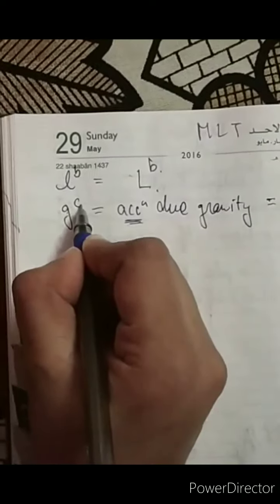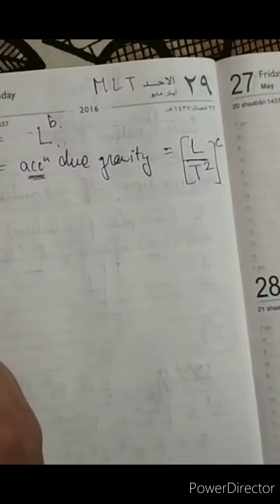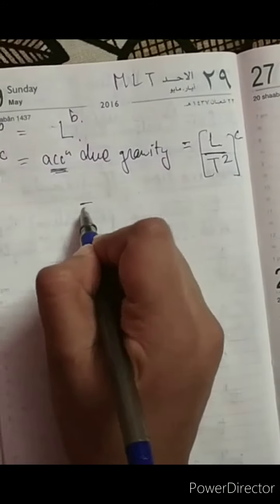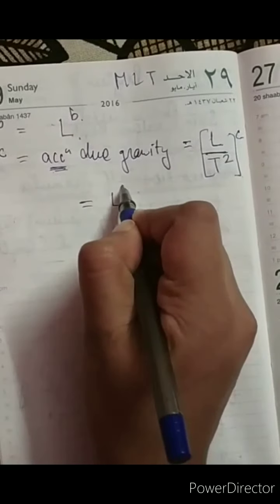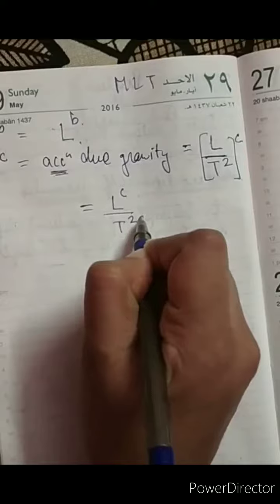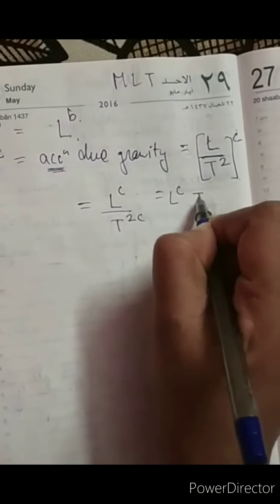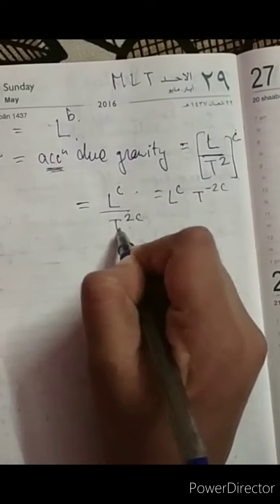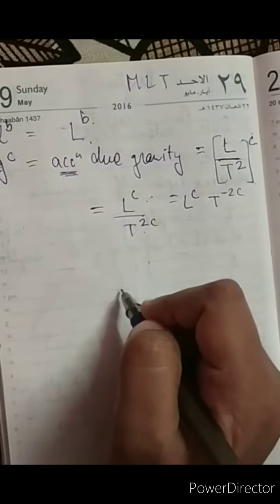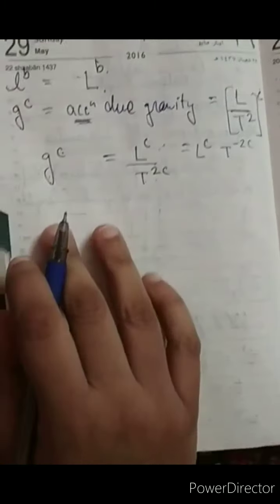And since it is to the power c, let's say this to the power c. We can even expand this, and can I write it like L to the power c and T to the power 2c multiplied? When the denominator goes to the numerator, it will be minus exponent, so it will be T to the power minus 2c. So I can write g to the power c in this MLT form.